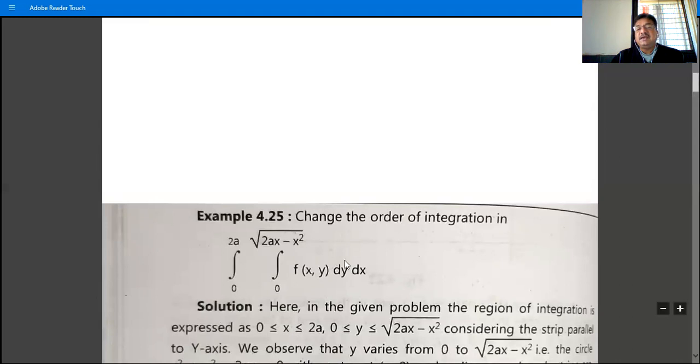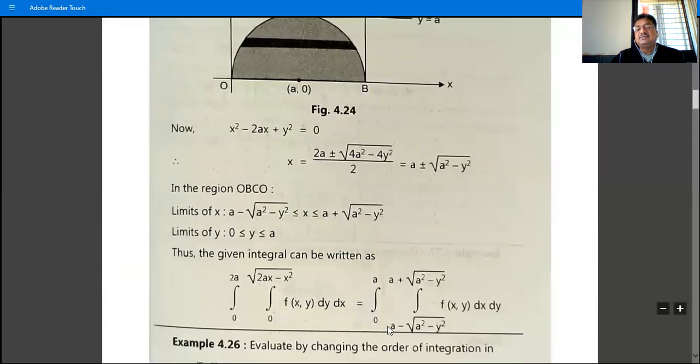This integration is equal to the integration of f(x,y) dx dy. Replace dy dx by dx dy, because we have to integrate now with respect to x first. So this is the limit on x, right? So write x is equal to, and here write y is equal to.